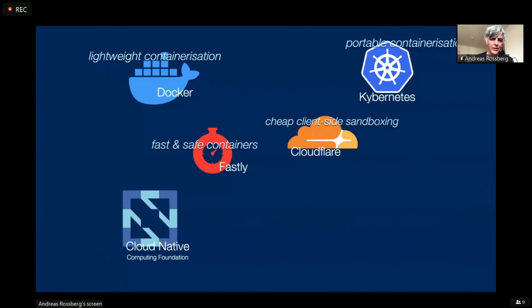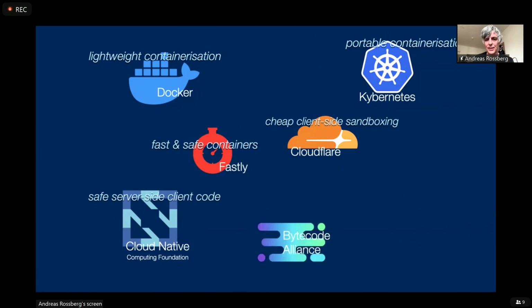The Cloud Native initiative is also embracing WebAssembly to run client code server-side in a safe manner, so again, this form of isolation. There's the Bytecode Alliance that was formed specifically to support WebAssembly as a portable platform. And then there are blockchains, and there are quite a few. I just show one here because I'm more familiar with that one. They run WebAssembly as basically their compute format.